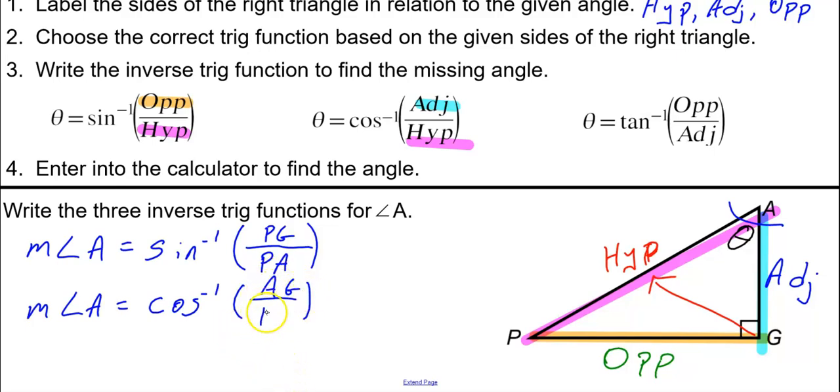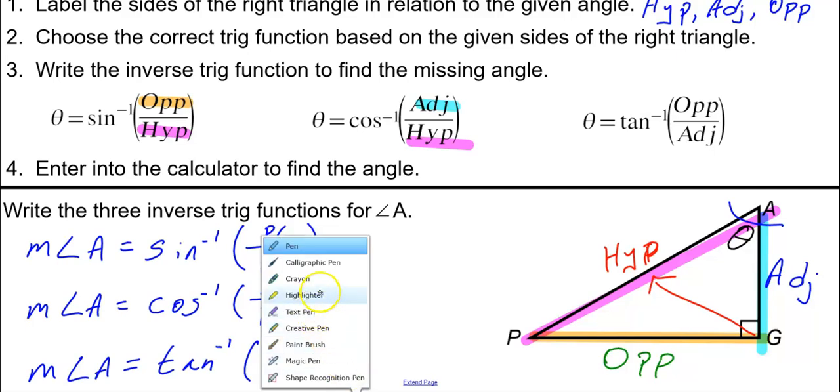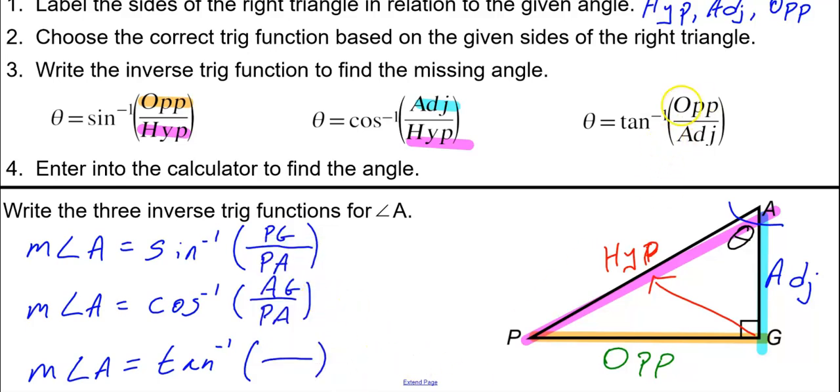And the hypotenuse is, again, PA or AP. And there's inverse tangent. So inverse tangent is going to be opposite over adjacent. So my opposite side is PG long, and my adjacent side is AG long.